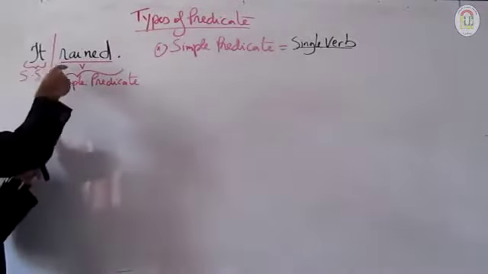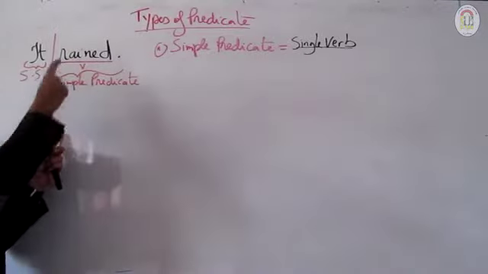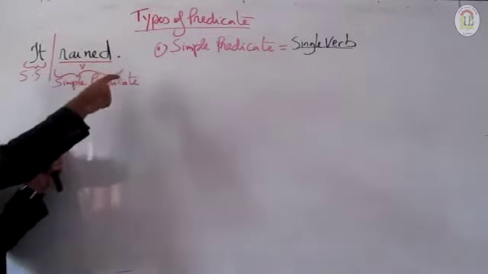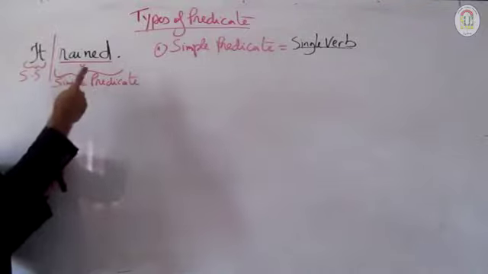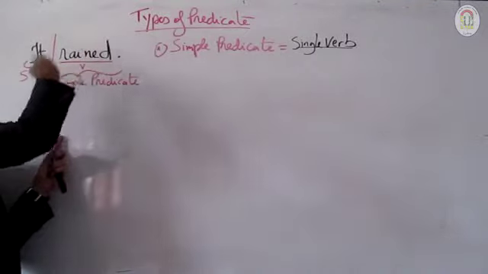If you write it has been raining, has been raining also is what? The verb to rain, one verb, in the present perfect continuous. And all these elements present one verb, so it is also simple predicate. It is raining, clear? Here also, is raining is only one single verb in the present continuous.